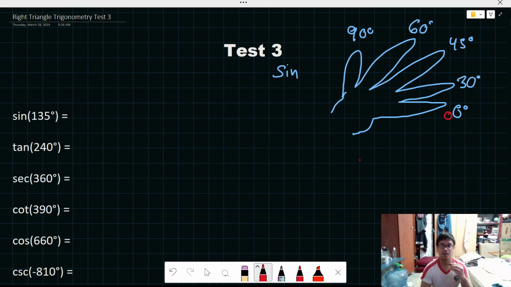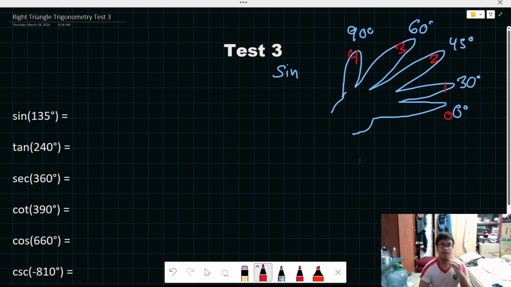So 0, 1, 2, 3, and 4. So basically from your pinky finger, 0, 1, 2, 3, and until the thumb, 4, if you're looking for a sine.